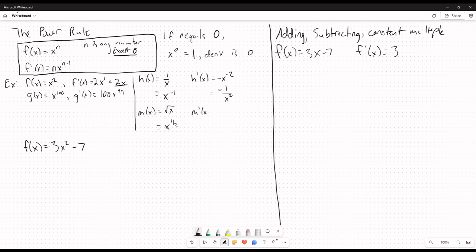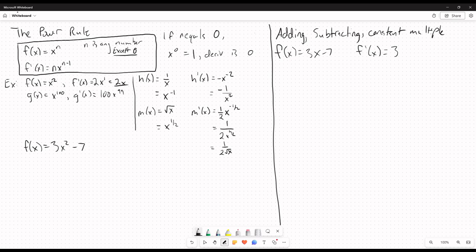Then the derivative is going to be 1/2 out front, and then what's 1/2 minus 1? That's going to be negative 1/2. We can rewrite that if we want to as 1 over 2 x to the 1/2, which equals 1 over 2 square root of x.